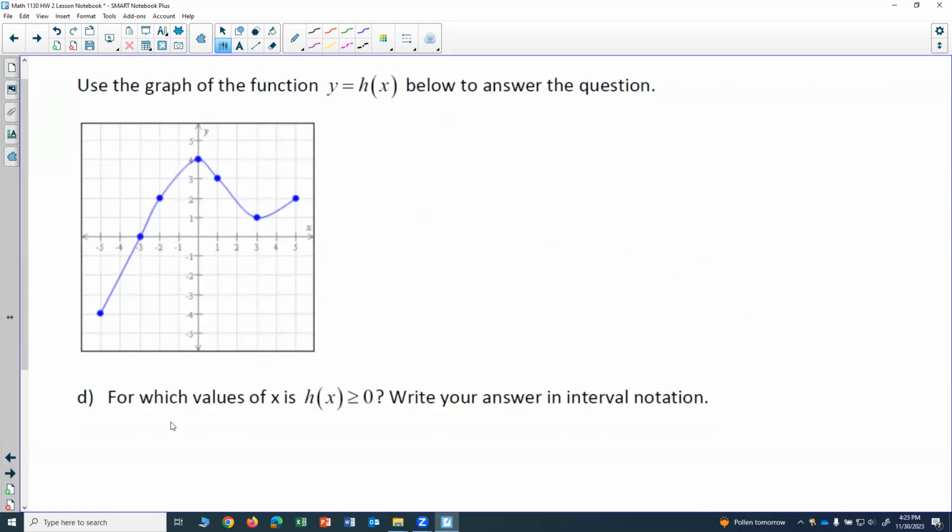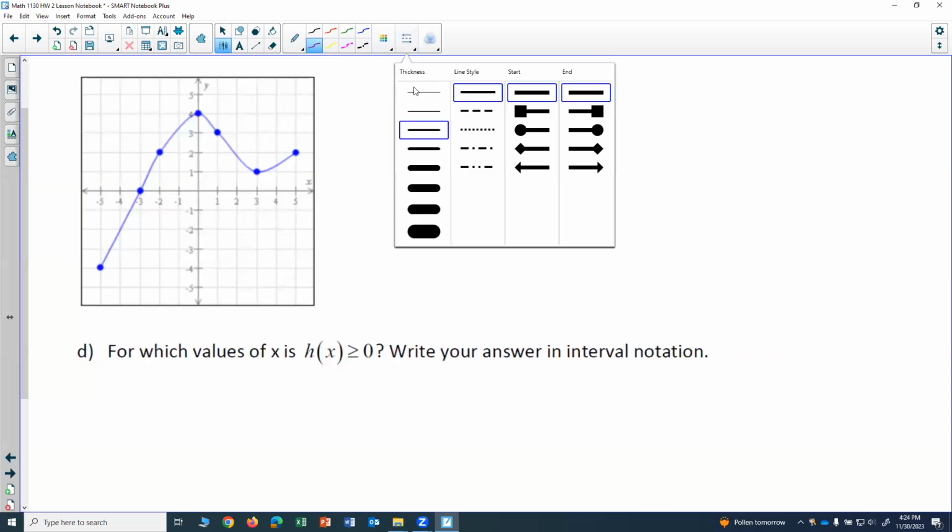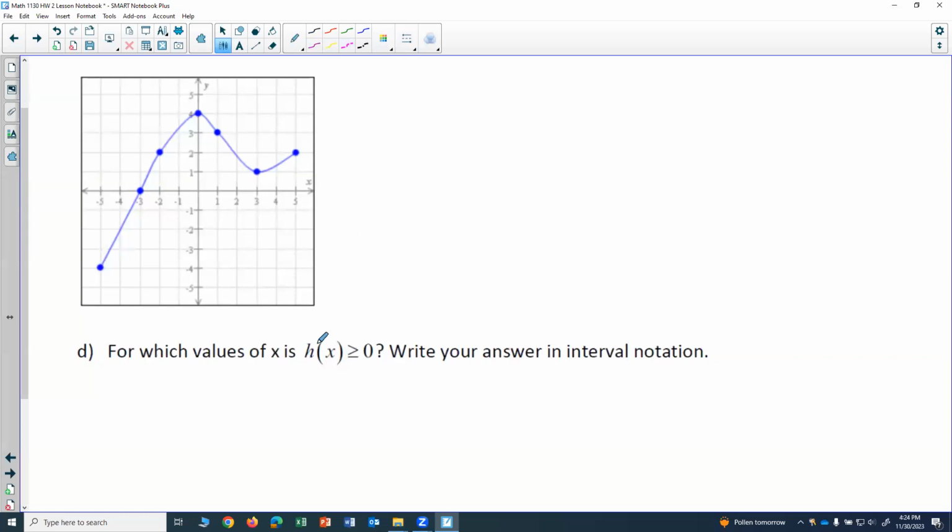And part D says, for which values of x is h of x greater than or equal to 0? All right, so we're looking now, h of x is greater than or equal to 0.